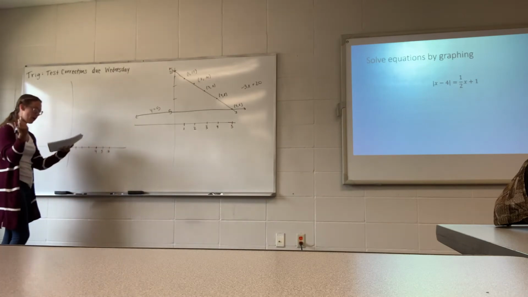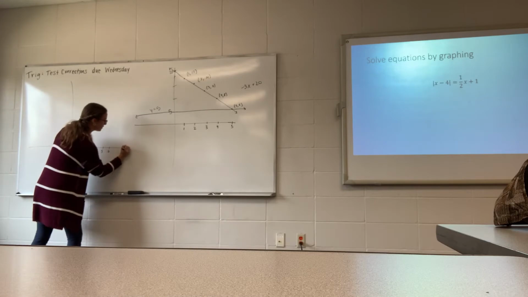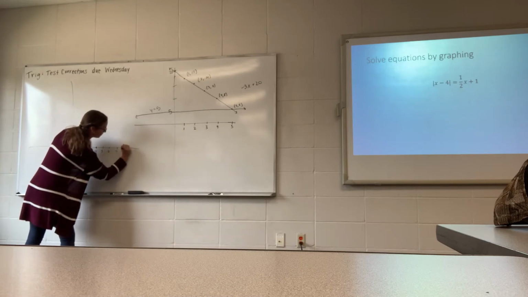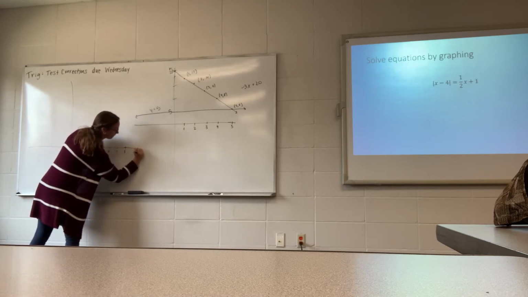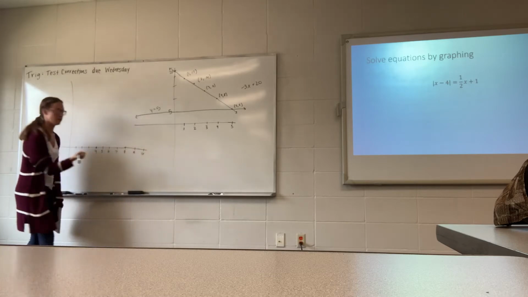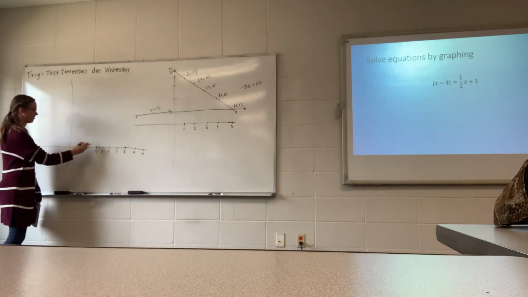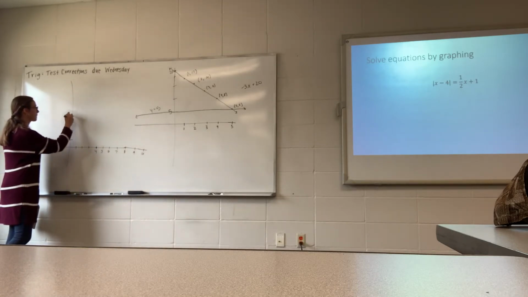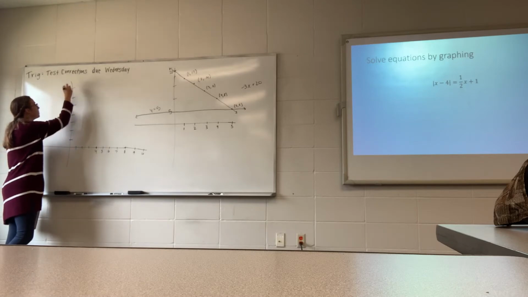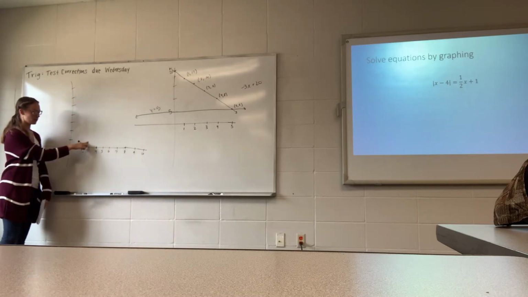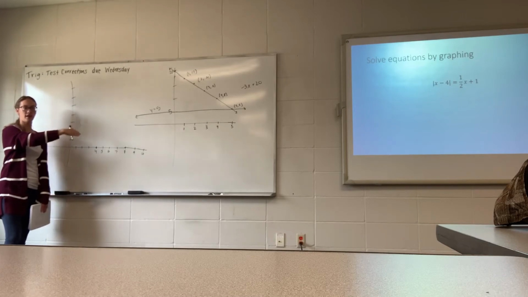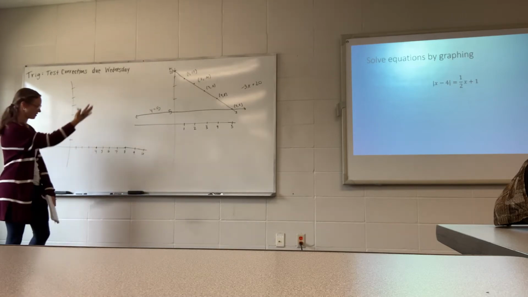So, I can go ahead, let's plot some points, and let's take this one all the way out to 10. Okay, so if I start plotting these in a V, I know if I come back, I have this side of my V, the side going down, and then the side going up.